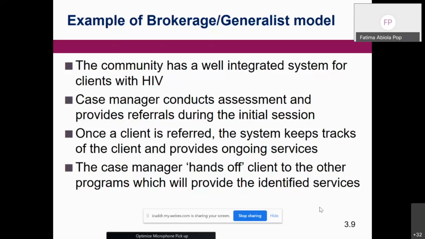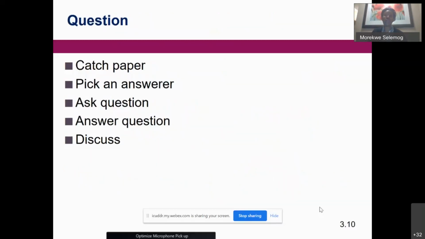It will be interesting also, as we discussed, to think about whether you follow up, how do you know, or do you just wait for the client to give you information or feedback about the services they've received from the other referral sources that you would have referred your client to.